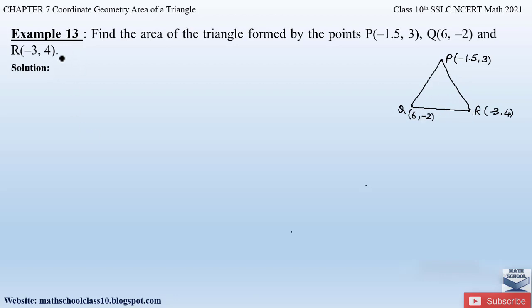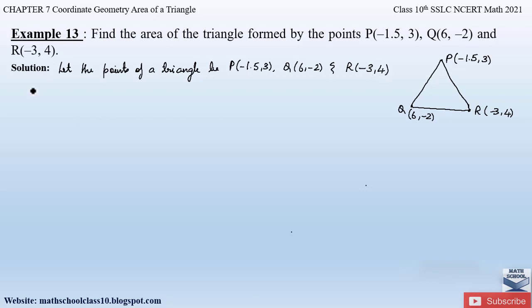So write down: let the points of the triangle be P (minus 1.5, 3), Q (6, minus 2) and R (minus 3, 4). Therefore the area of a triangle is given by half into.